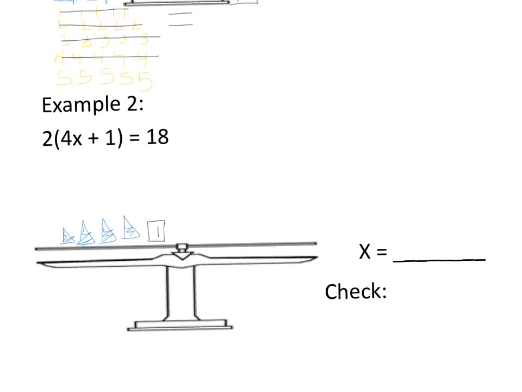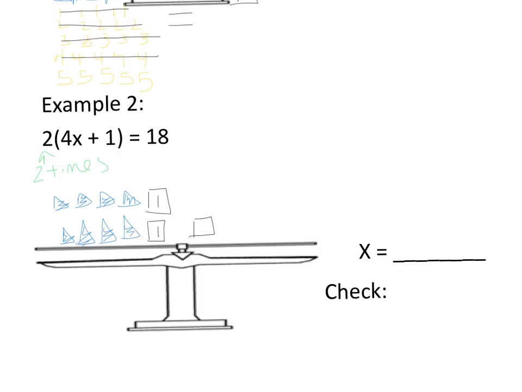The 2 says do this 2 times, so it wants you to represent what's in the parentheses 2 times. So there, I did it 2 times.